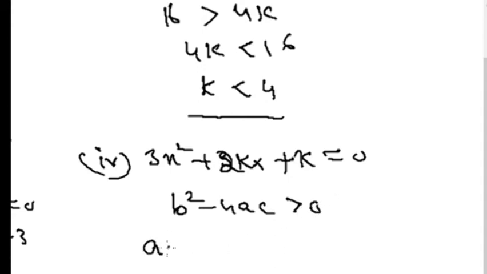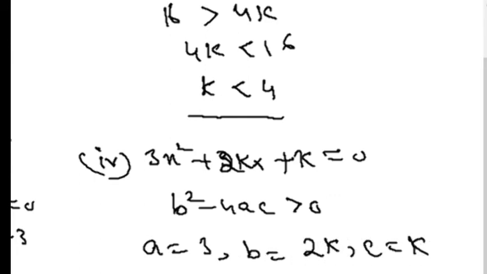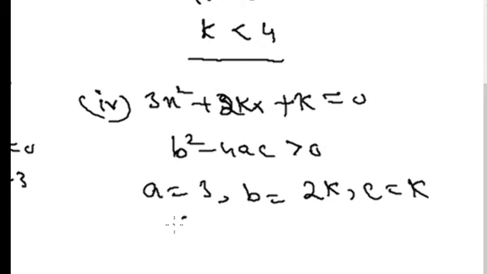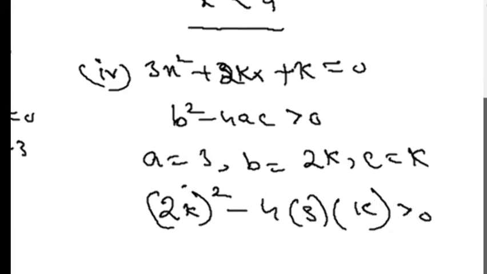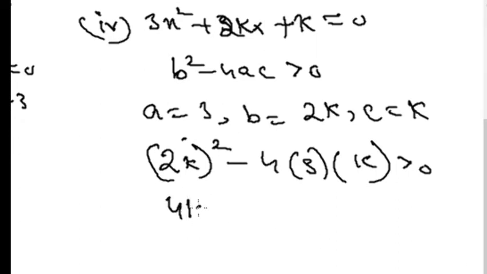A is 3, b is 2k, c is k. Put the values in the expression: 2k whole square minus 4 times 3 times k is greater than 0. So this becomes 4k square minus 12k greater than 0.